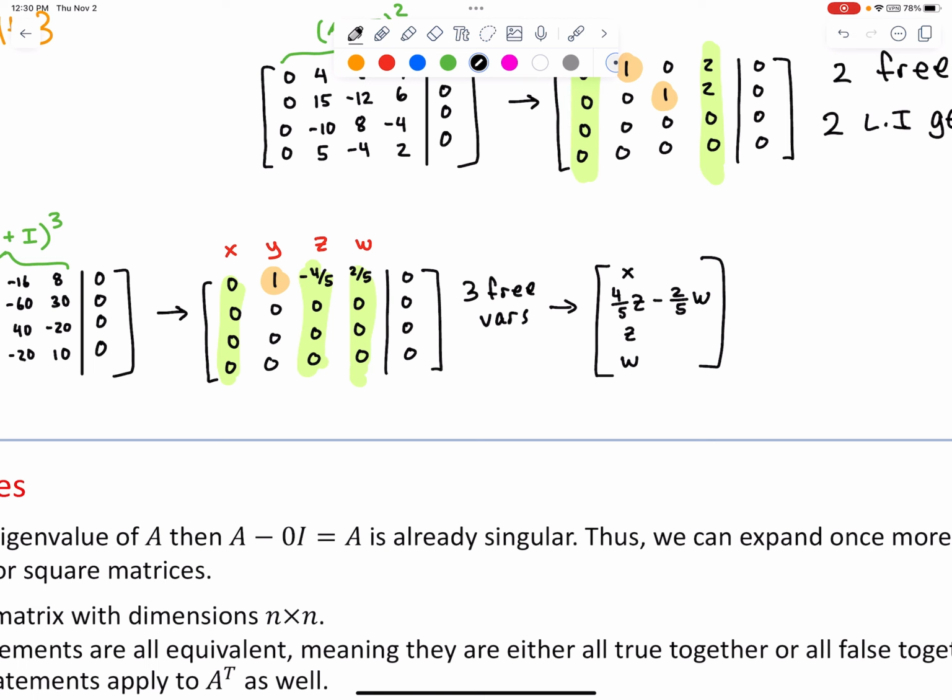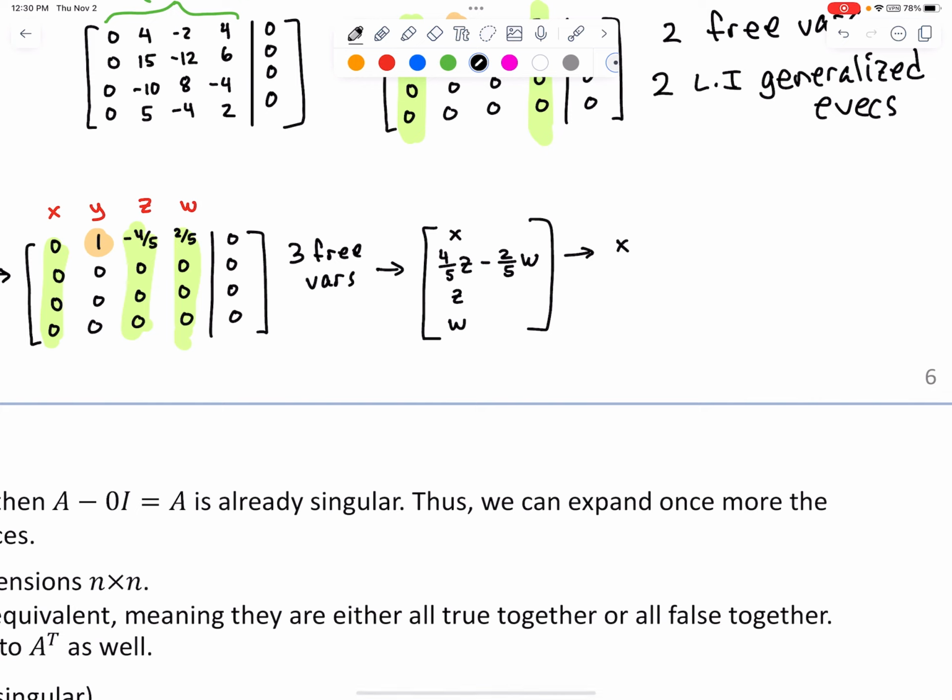Now we're going to decompose this according to free variable. So the free variable x can be multiplied by the following vector, and just grab all the coefficients of x from the 4 components. So we have a coefficient of 1, and then we have no x's, no x's, no x's. Now the next free variable in our list was z, and all the coefficients of z are no z's, 4/5 times z, 1 times z, and 0 z's.